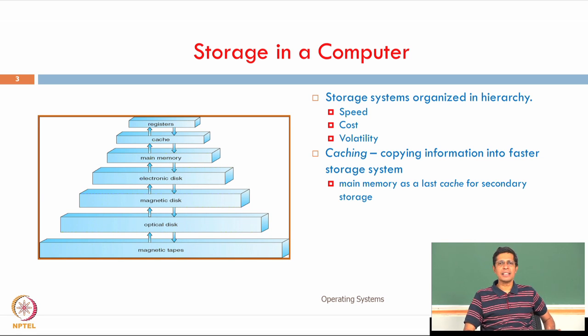But on the other hand, the cost per bit, what is the cost I incur to create one bit on a register, on a cache, on a main memory and so on, also decreases. So this is how the storage hierarchy is built in a computing system.